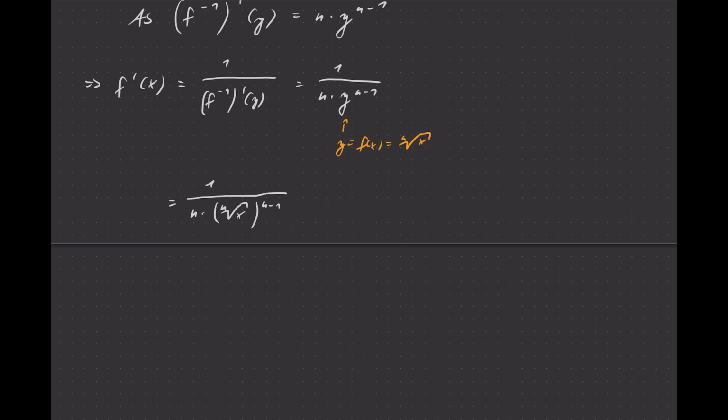And now let's try to simplify this a little. Now this is 1 over n, so we just take this factor here into a separate fraction times 1 over x to the power of n minus 1, divided by n. Remember, the nth root is the same as x to the power of 1 over n, so this is x to the power of n minus 1 over n.